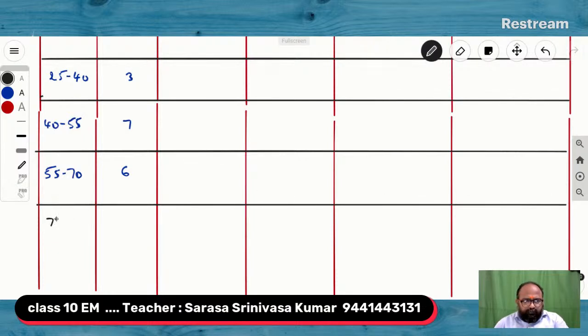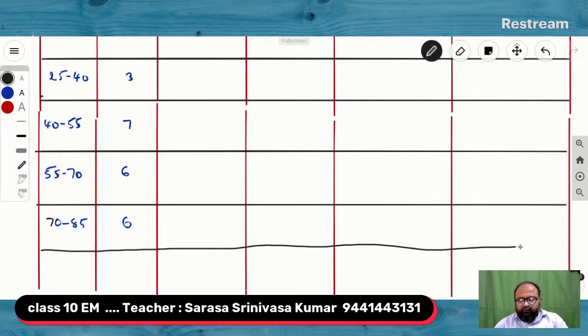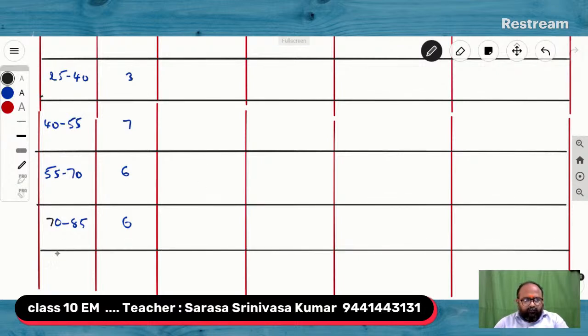Next, 70 to 85 class interval. In this, there are 6 students. Now, 85 to 100 class interval.